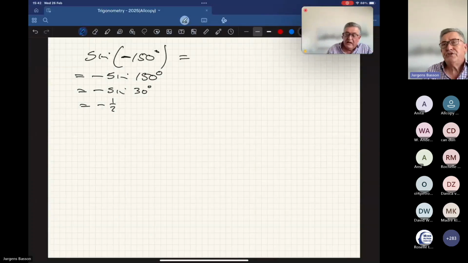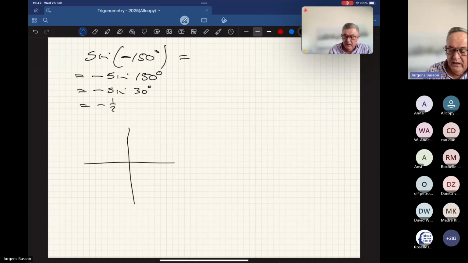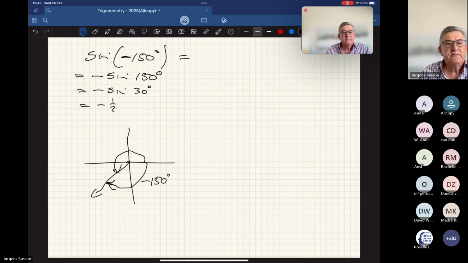What I like to do instead is, if we look at the angle of negative 150, I hope you all agree that that angle is in the third quadrant, because the direction is minus 150. So we go in a clockwise rotation. Now, what I like to do is to find that angle, because for every negative angle, there is a positive one.